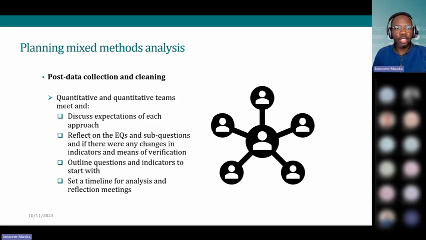You discuss the different expectations from the different teams, reflect on the evaluation questions, and outline the questions and the indicators that you want to start with. Maybe you want to start with a quantitative component, so that you then focus on the explanations from the qualitative, and then you have to set the timeline for the analysis. This is important, otherwise you might end up doing separate analyses which do not speak to each other.